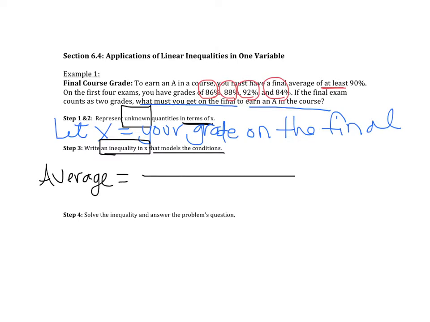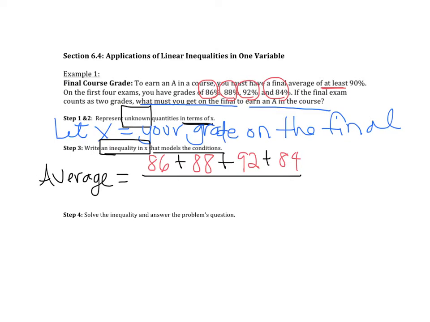I'm going to draw this quotient. If you wanted to find the average of these 4 scores, you'd add them up and divide by 4. So I'm going to write 86, 88, 92, and 84, and add these because I want to find the average.